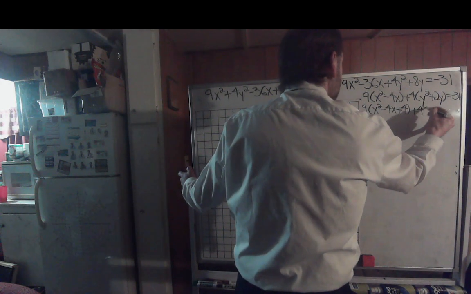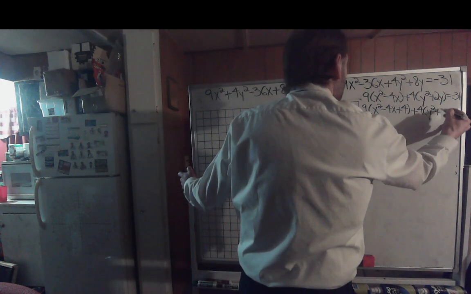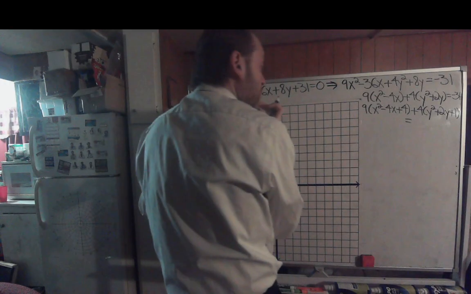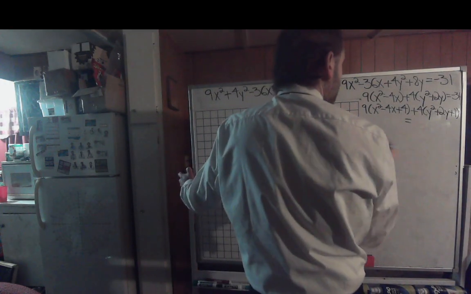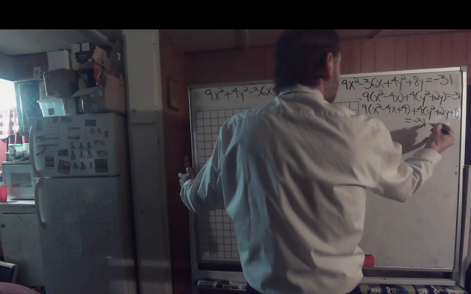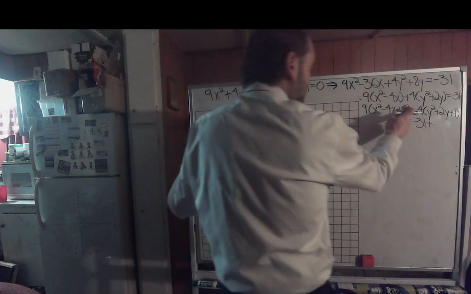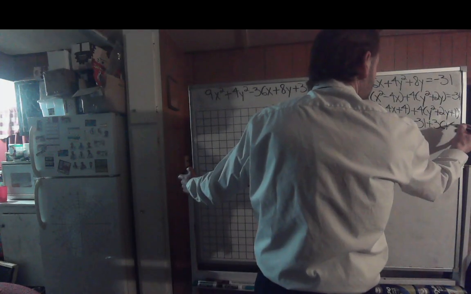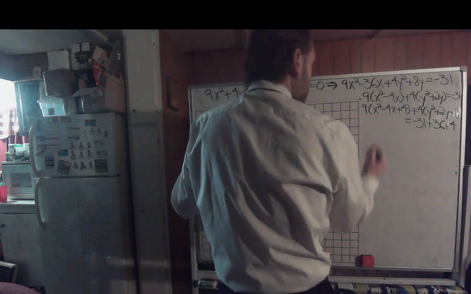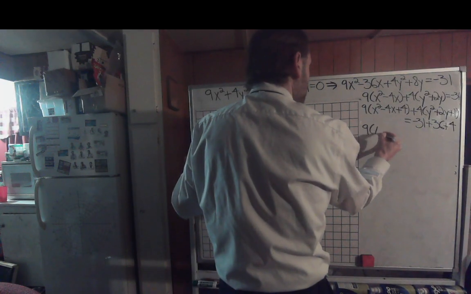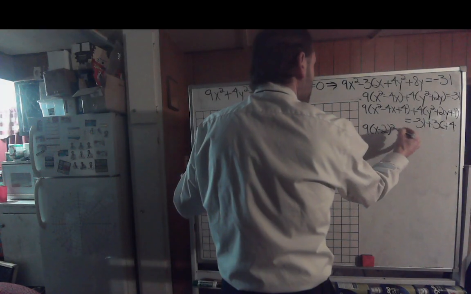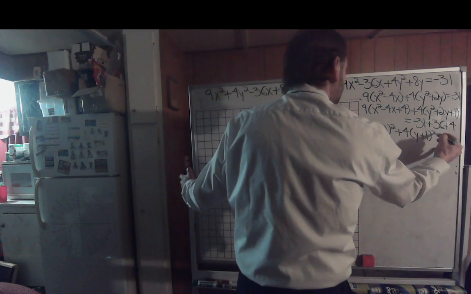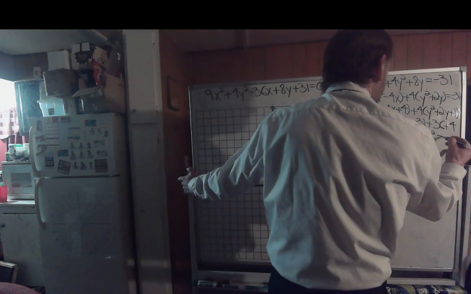Plus 4 times your y squared plus 2y plus 1 is going to equal then negative 31 you already have, plus you'll take 9 times 4, that would be 36, plus 4 times 1, which would be 4. So this would turn into 9 times x minus 2 squared plus 4 times y plus 1 squared equals 9.